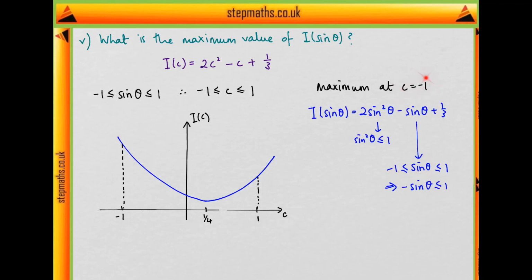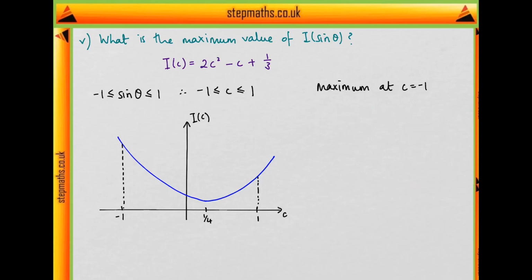So when c is minus 1, i.e. sine theta is minus 1, we see that this minus sine theta term has its maximum, and also sine squared theta would be 1, so sine squared theta would be at its maximum too. So it makes sense for I sine theta to be maximized when sine theta is minus 1. If we substitute minus 1 into IC to work out the value of this maximum, we see that it's equal to 10/3.